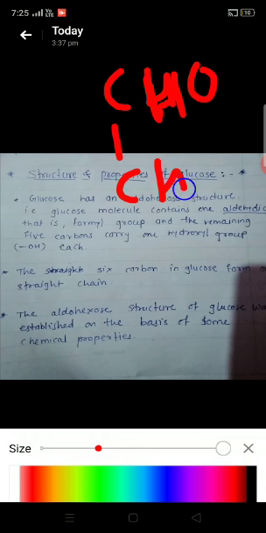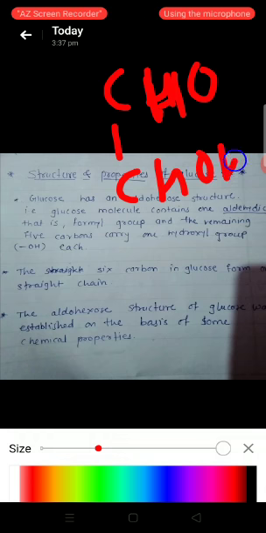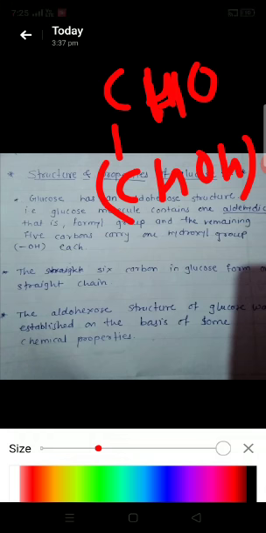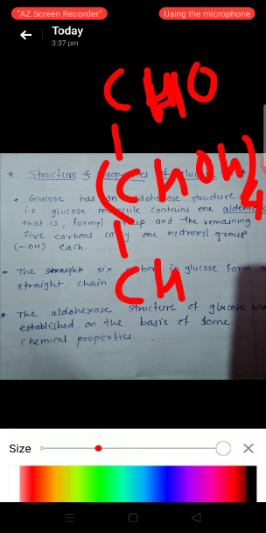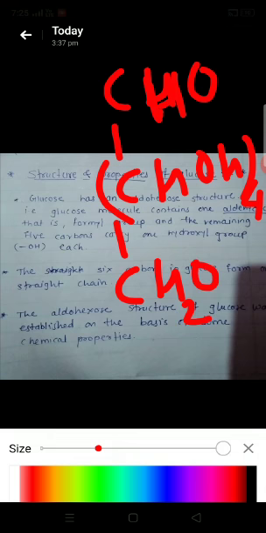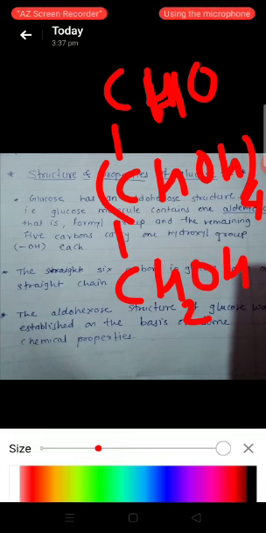Then the four hydroxyl groups are attached to the four carbon atoms in the middle. Then the sixth carbon atom has a primary alcoholic group. This is the molecular structure of glucose.